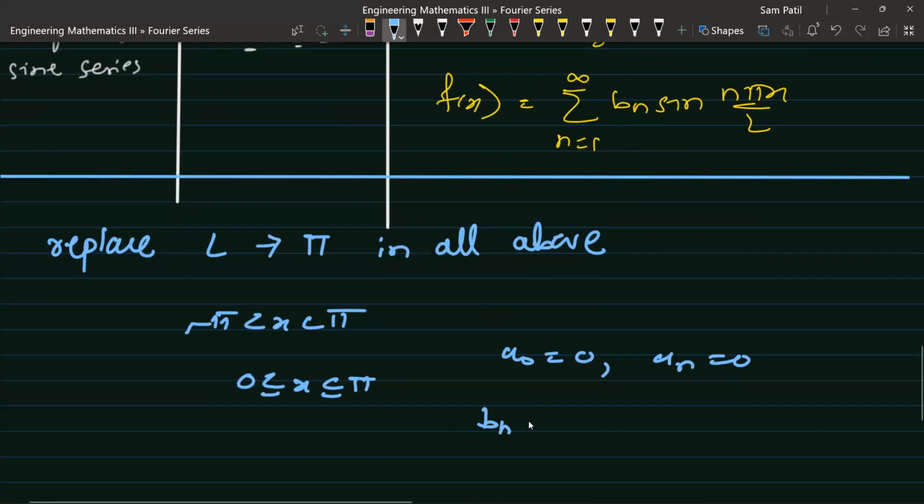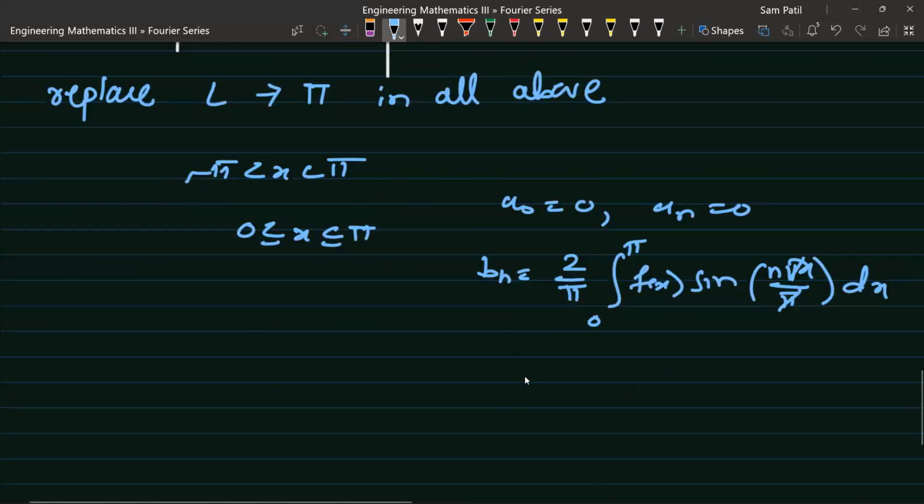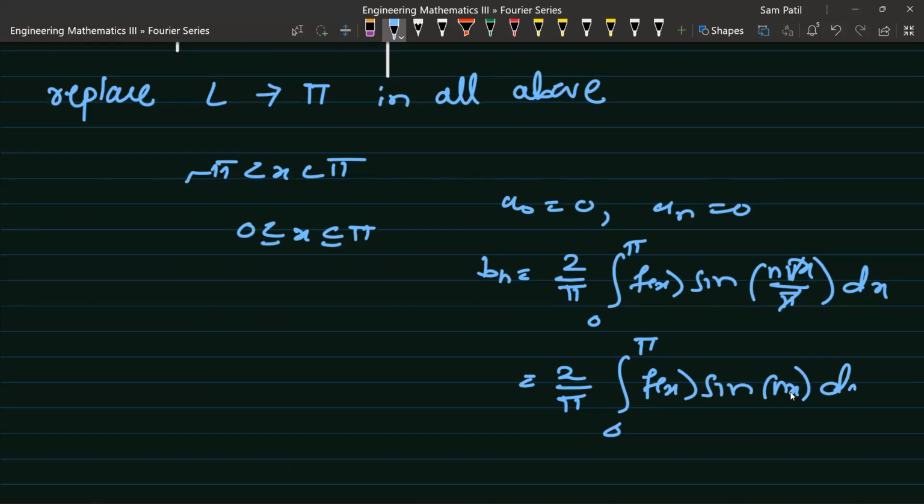Bn is simply 2 upon pi integration 0 to pi f(x) sin(n pi x upon pi) dx, since L is nothing but pi, so this pi gets cancelled. The result is 2 upon pi integration 0 to pi f(x) sin(nx) dx. Got it?